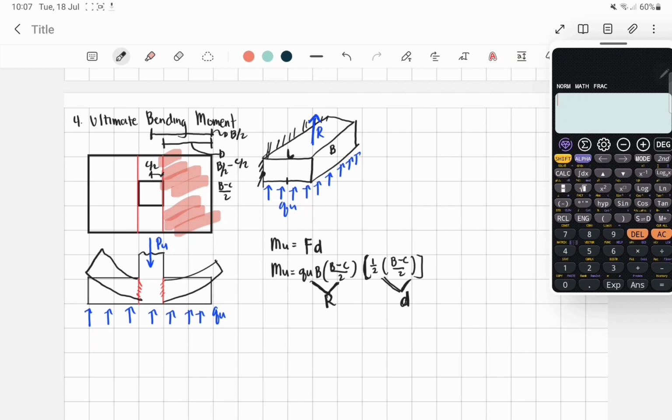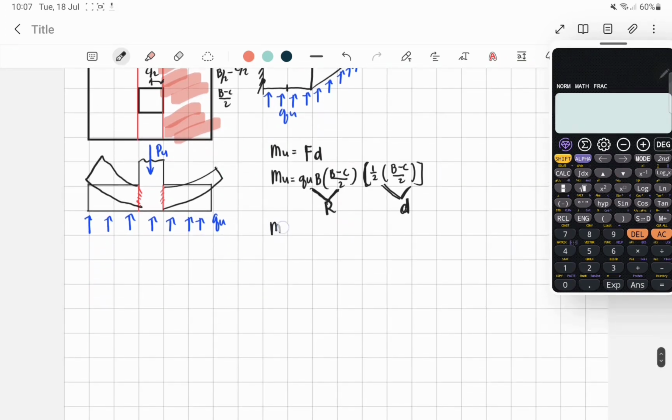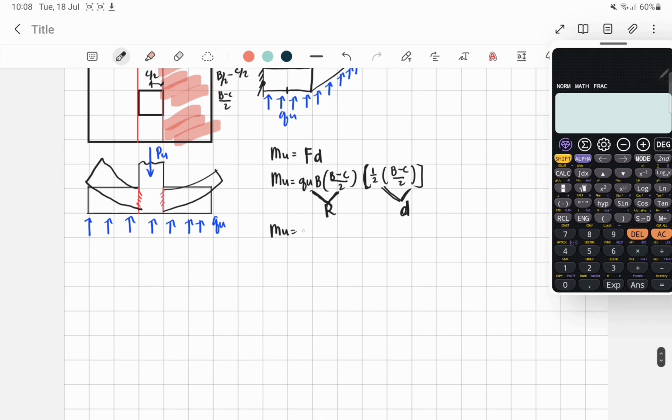Okay? So, again, imagine niyo lagi yan na yung QU is a uniformly distributed na pataas. Okay? So, therefore, we can solve for the ultimate moment that is, okay, to be consistent, 213.33 times our B, that is 3. Tama ba?